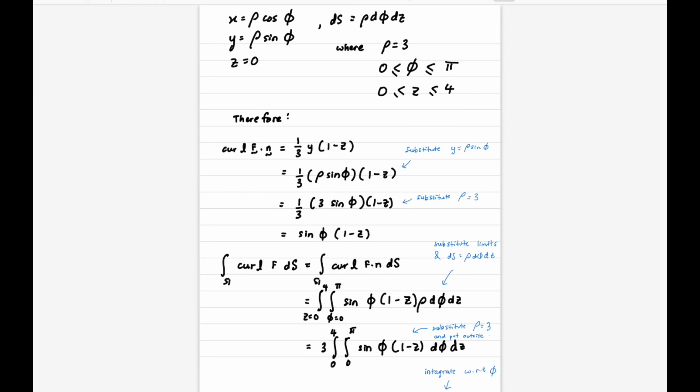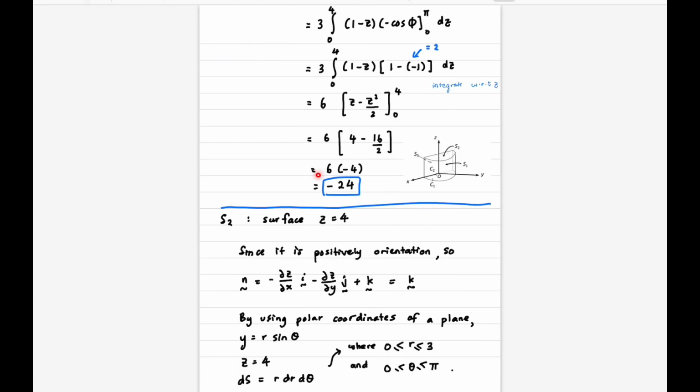So curl f dot n will be sine phi times (1 minus z). So you need to solve this, then you will get negative 24.